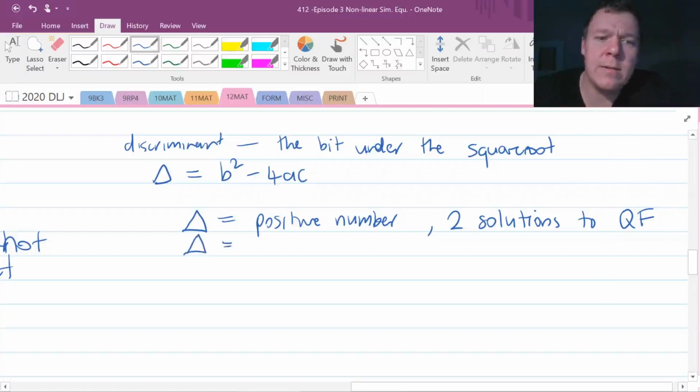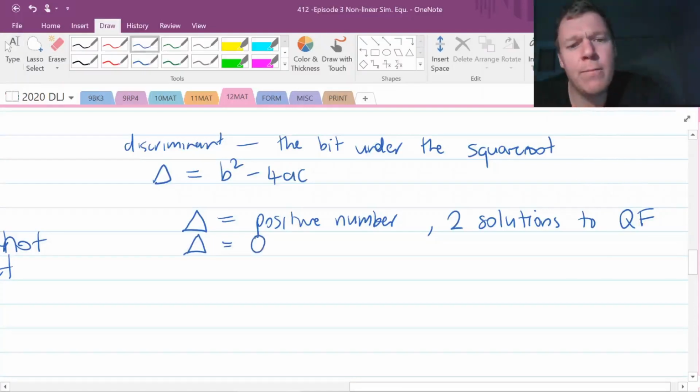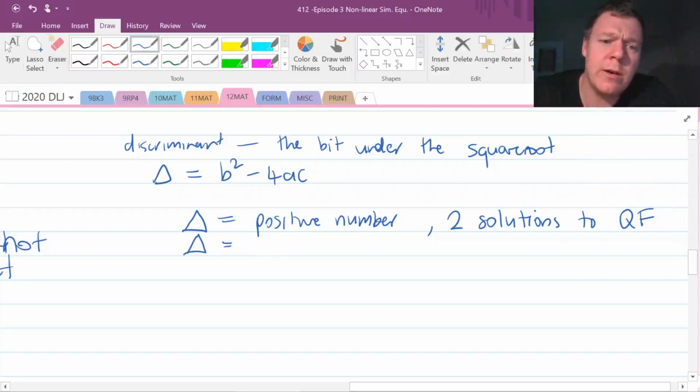And there's a special case when the discriminant is equal to 0. I might just write 0 because it looks like an O. And that's when you've got one solution.